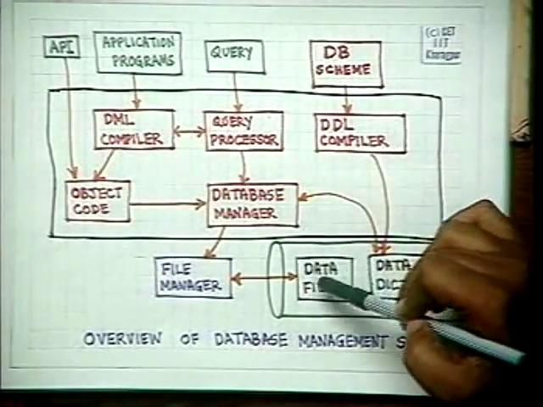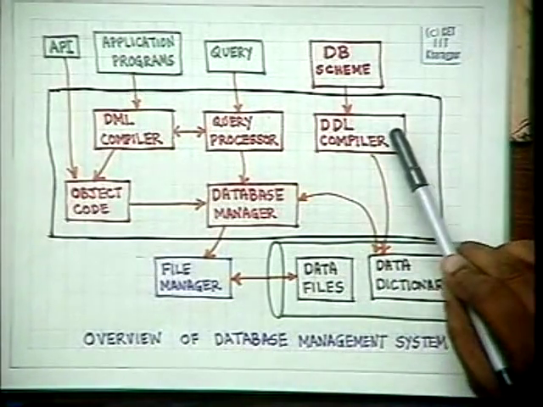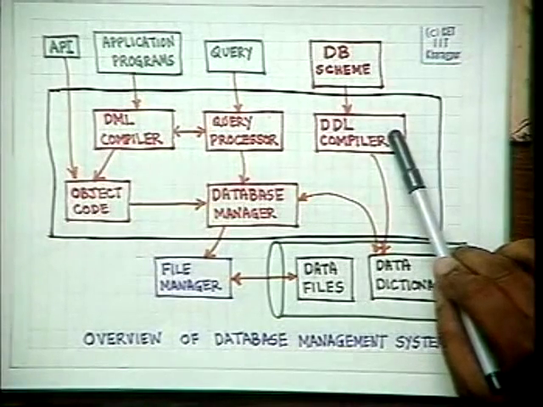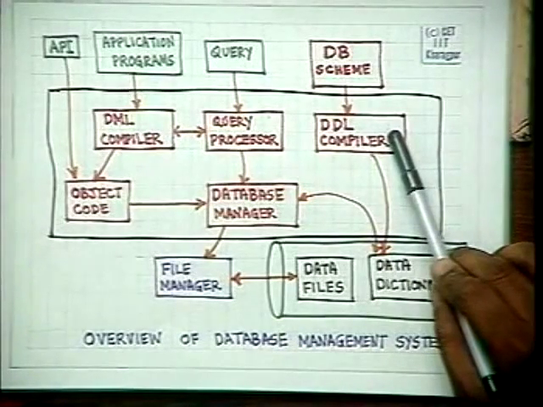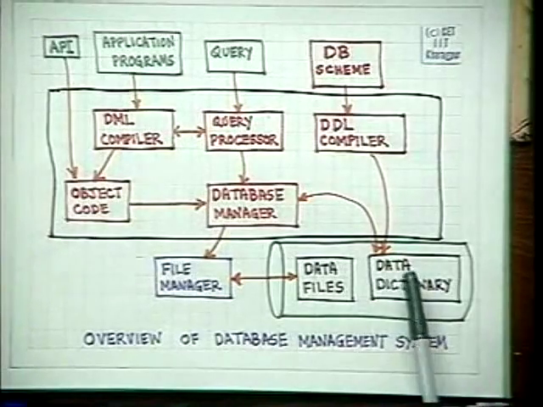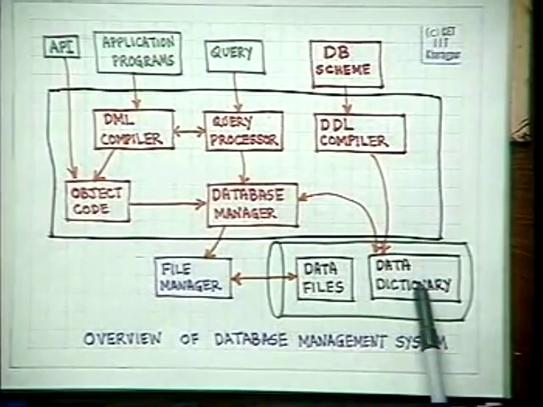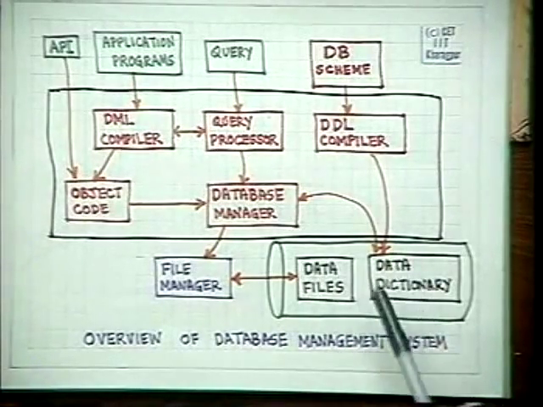The data regarding all these trains will be stored here in the data files. But the structure, that is what is the format of the file, what are the fields, what are the widths of the fields, how are they stored, all this information will be stored in the data dictionary, because otherwise you will have to interact directly with the file manager. We will see the use of a data dictionary very soon.